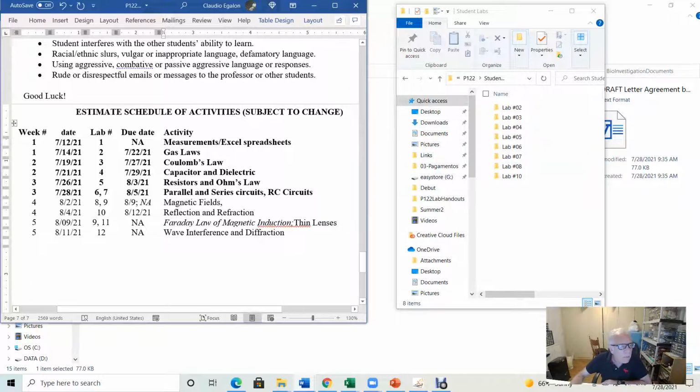RC circuits are going to be next time we meet. That's going to be parallel, 7 and 8. 8 should be magnetic field.